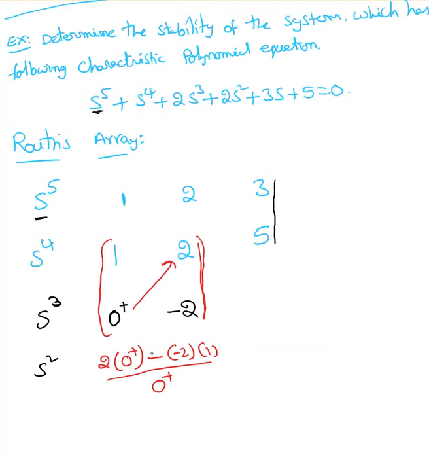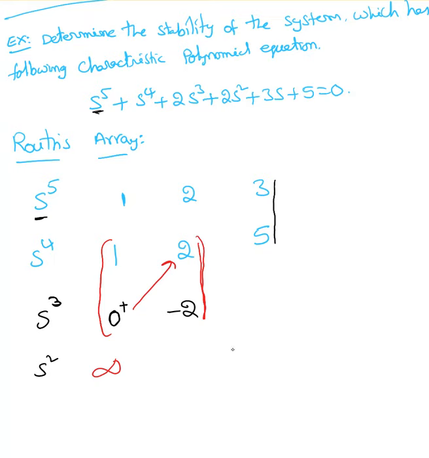So I can take that for the time being as 2 divided by 0 plus, which is a very, very small number. Something over a small number, what happens? That will become a very big number. So I'm going to take that big number as infinite.